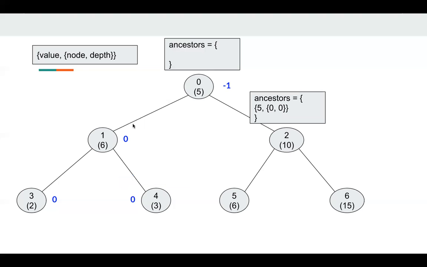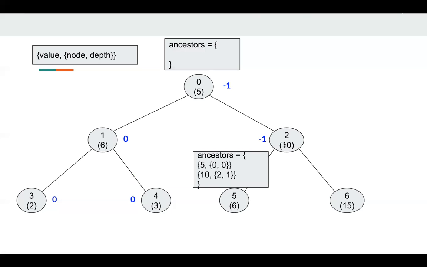Okay, now we're calling the second child of the root node. 10 and 5 are not coprime, so it's -1. Then this node calls its first child. It pushes the node to the ancestors: the value is 10, node number is 2, depth is 1. 6 and 10 are not coprime, but 6 and 5 are coprime.